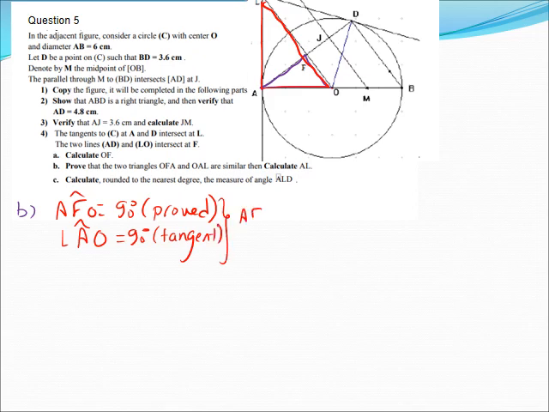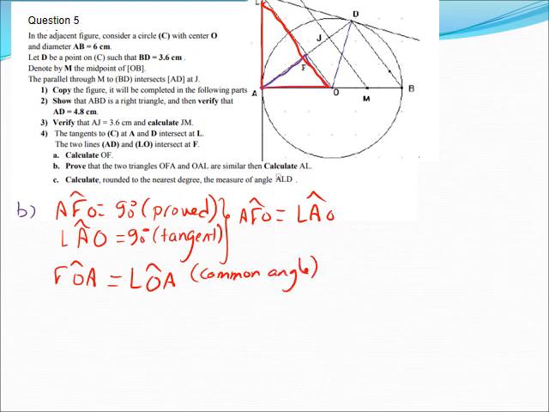So AFO equals LAO. FOA equals LOA, common angle. So the two triangles FOA and AOL are similar.